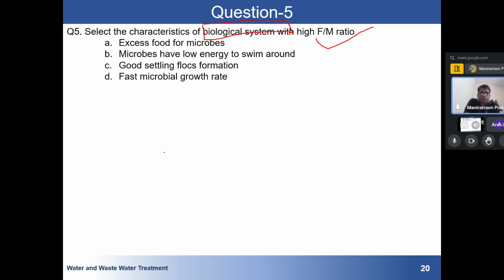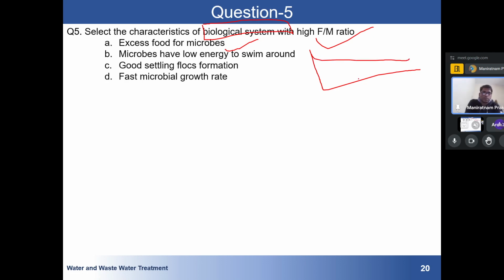I won't be giving too much time on this question, because I have already explained what this food by mass ratio is, and in the previous question I have also explained what excess food for microbes is. Just remember, whenever a food by mass ratio question comes, always try to draw this diagram.